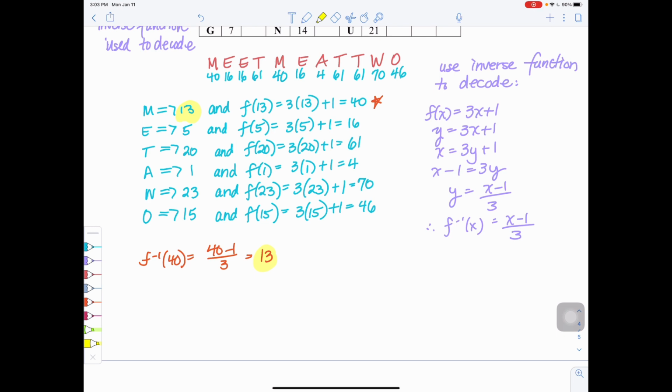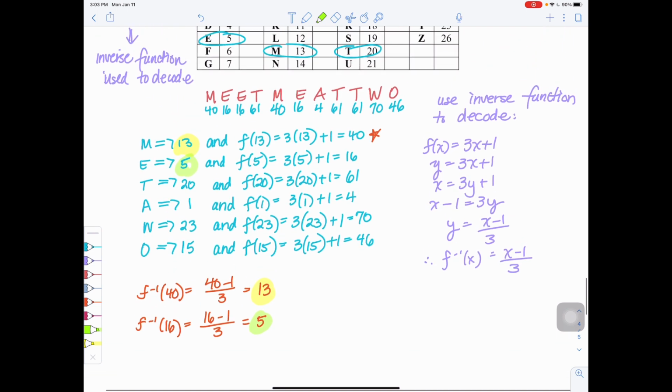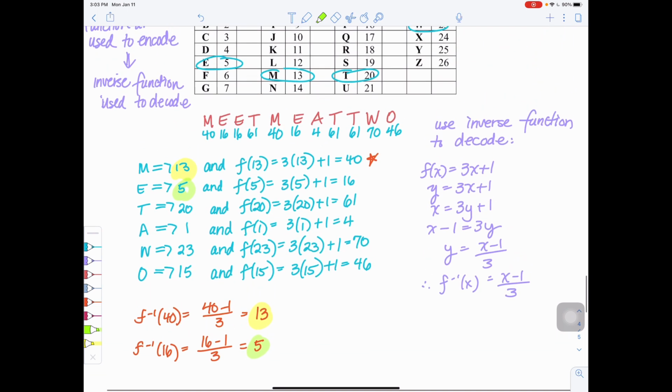I'll do one more. 16? f inverse of 16 is equal to 16 minus 1 divided by 3, and that's 5. And there you have it, 5, and this 5. So we use the inverse to decode. And that concludes this section.